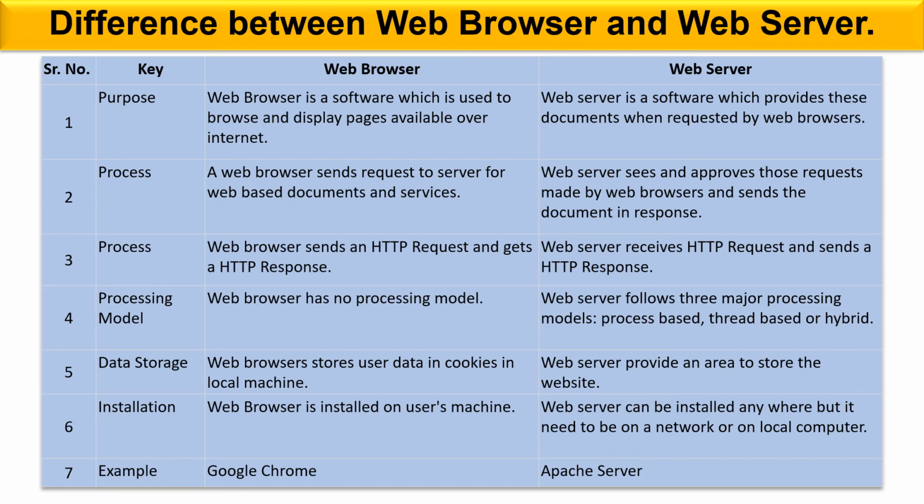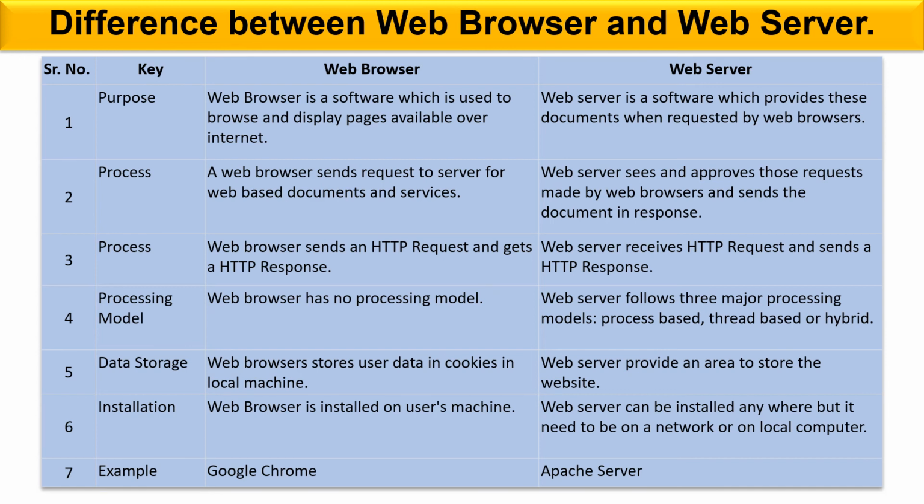Third is the protocol. A web browser sends an HTTP request and gets an HTTP response. But at the web server side, the web server receives the HTTP request and sends an HTTP response.